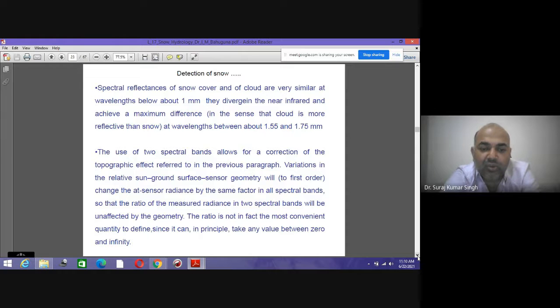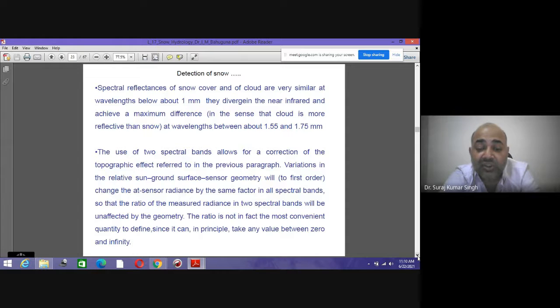The use of two spectral bands allows for a correction of topographic effects, referring to variations in the relative sun-ground surface-sensor geometry, which change sensor radiance by the same factor in all the spectral bands, so that the ratio of measured reflectance or radiance in two spectral bands will be unaffected by the geometry.